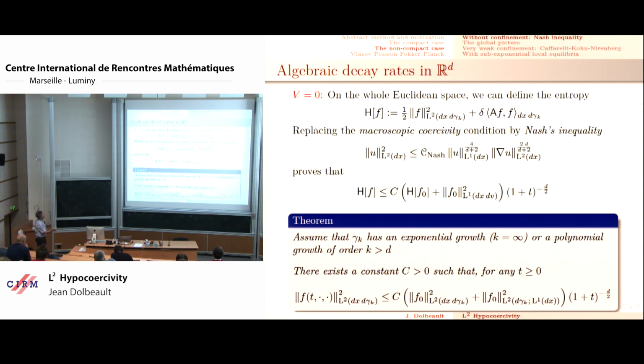So you get decay for H, and using the equivalence of the norms, you get a decay rate for the L2 norm, with weights which are to be well chosen, and here again you can use the spectral extension. So that's the kind of thing you get in terms of the original norms, and you have to be a bit careful with the spaces and the weights that you put.